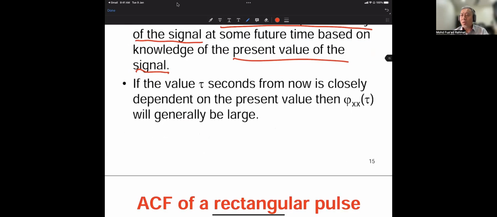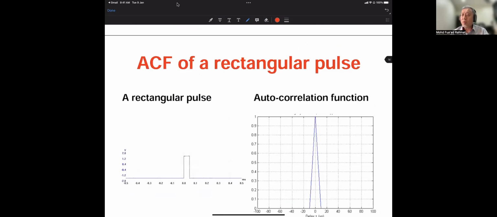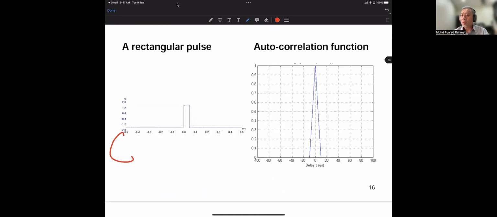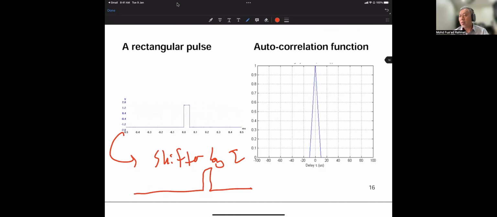If the value tau seconds from now is closely dependent on the present value, then phi xx tau will generally be large. For example, we have a rectangular pulse, and a second one shifted by tau, then multiplied, and averaged, looping until a large value, and then plotting.